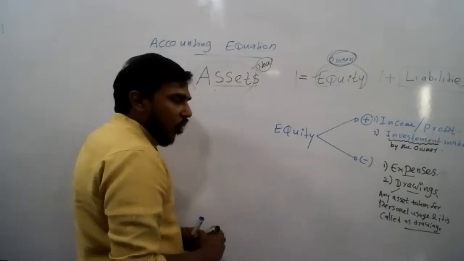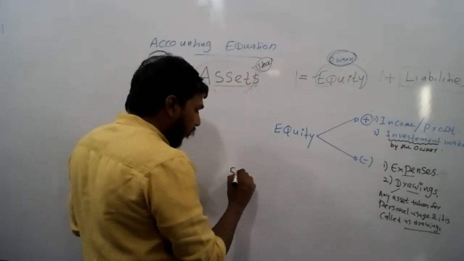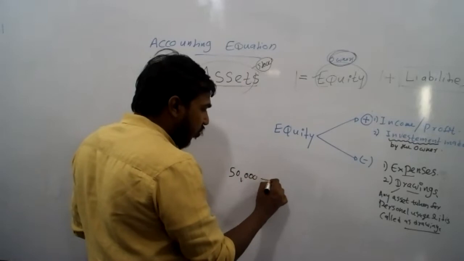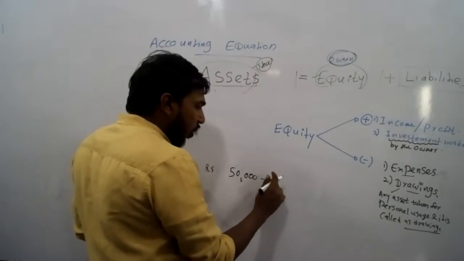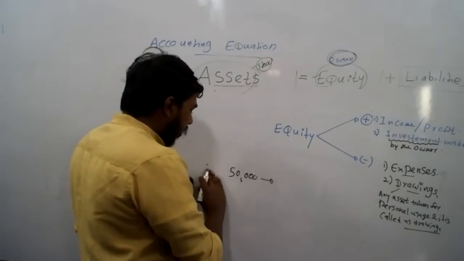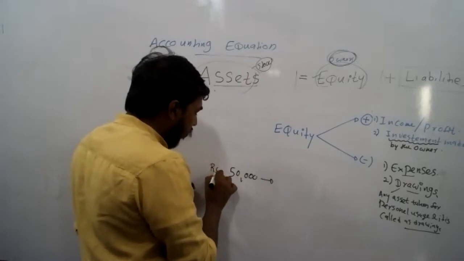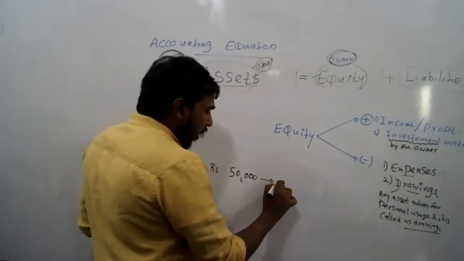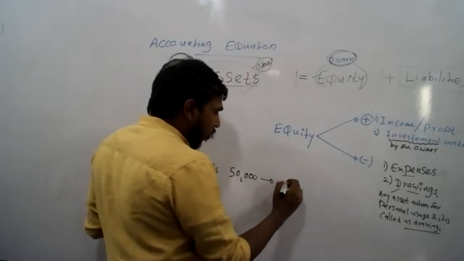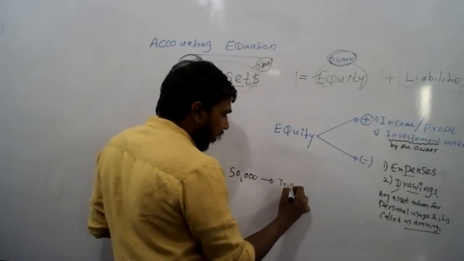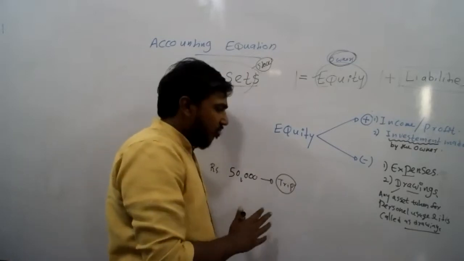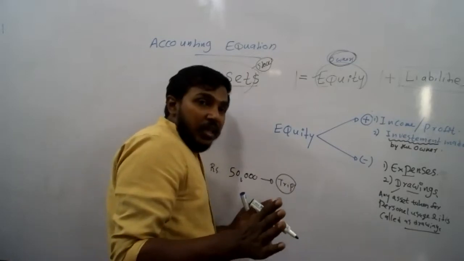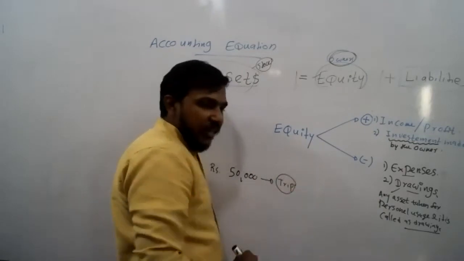We'll say owner took 50,000 rupees for his personal usage, to go for a trip. Now you might be wondering, this is expenses, the trip, no. Business didn't go on a trip, right?